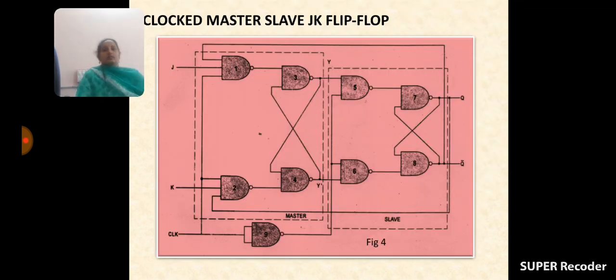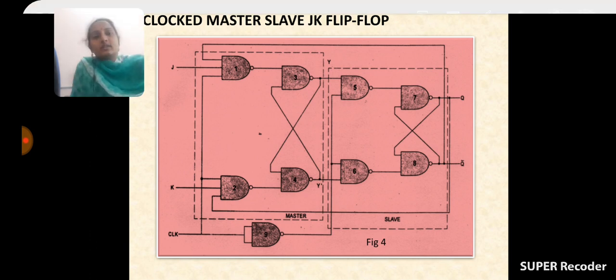And see, this is the circuit diagram of the master slave JK flip-flop. How many NAND gates are used? Finally, it has 9 NAND gates. It is the realization of the master slave flip-flop with the JK flip-flop.